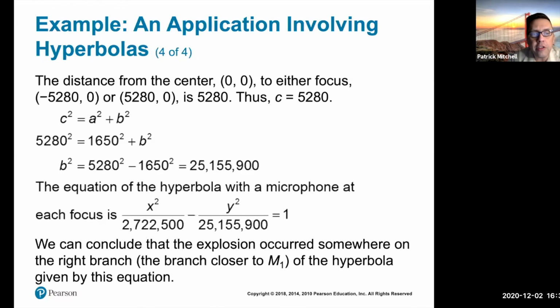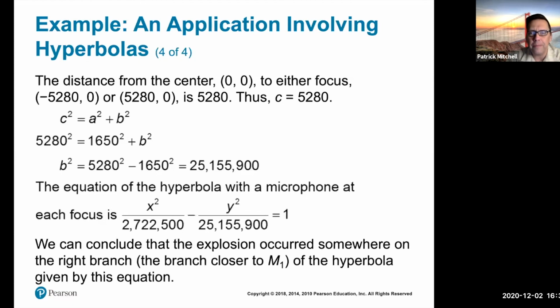So using the equation c squared equals a squared plus b squared, we get that b squared is equal to 25,155,900. So the equation of the hyperbola with a microphone at each focus is x squared over 2,722,500 minus y squared over 25,155,900 equals 1.